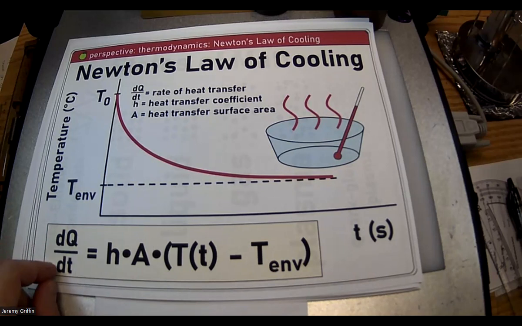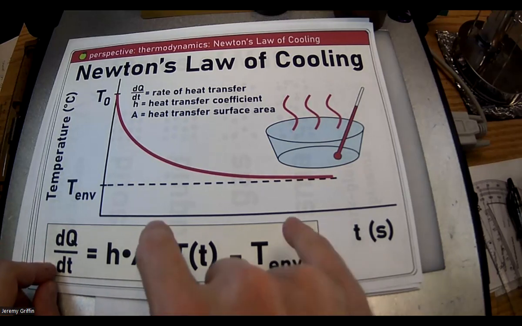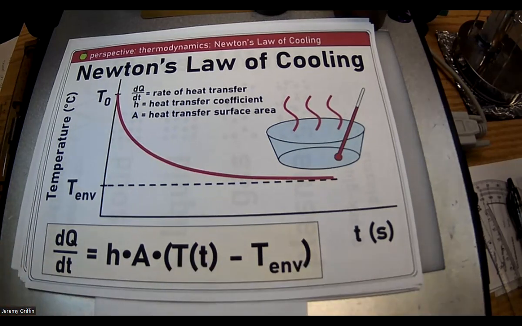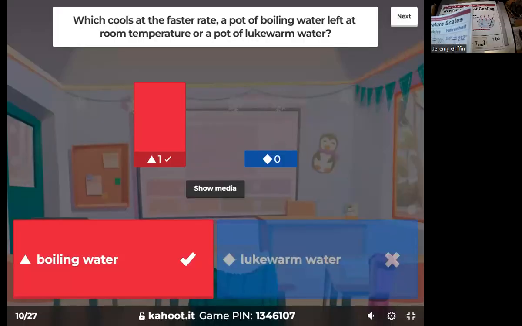Right? That's the rate of change in calculus notation. That's directly proportional to the temperature difference, right? Which would be greater for the boiling water situation compared to the lukewarm water. Cool faster.